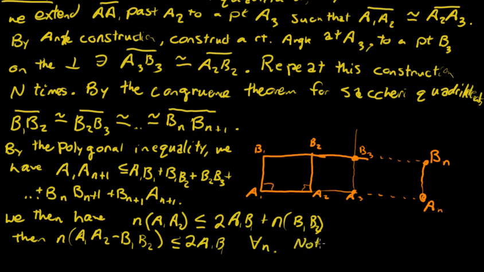Then note that A sub 1, A sub 2 minus B sub 1, B sub 2 can't be positive.